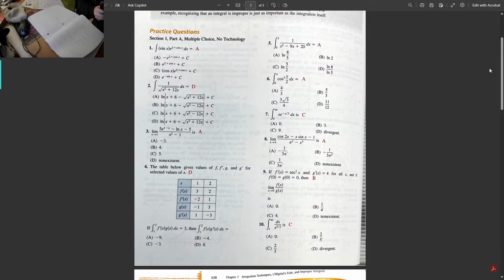Okay, natural log x minus 5 minus natural log x minus 4.